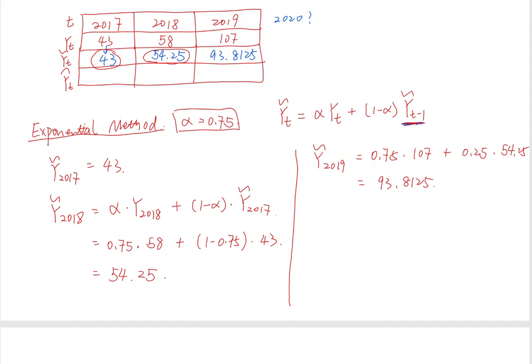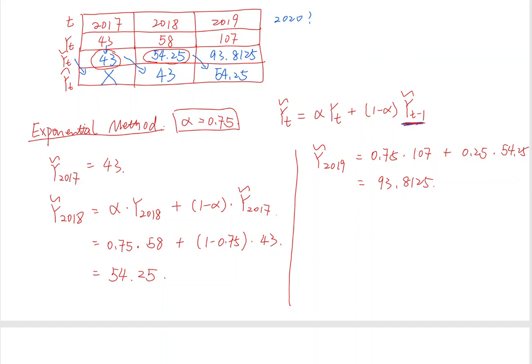Since you don't have the estimated value for 2016, you don't have the predicted value for 2017. But for 2018, since you have the previous estimated value, you have 43. For 2019, the predicted value will be the same as the estimated value for 2018, so it will be 54.25 here.